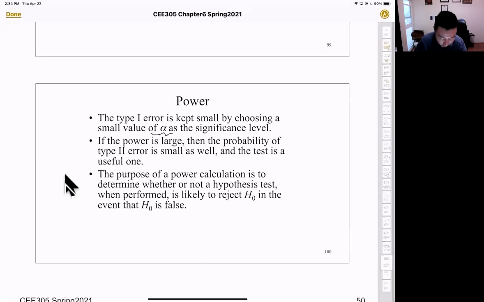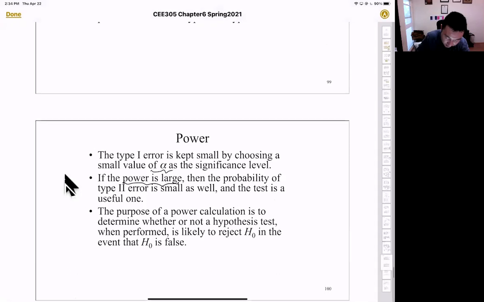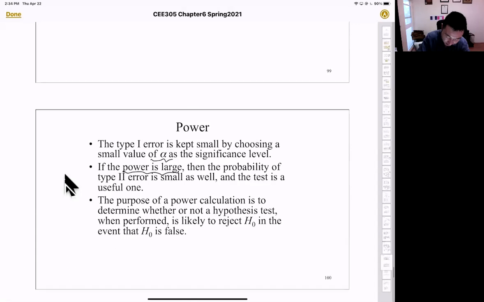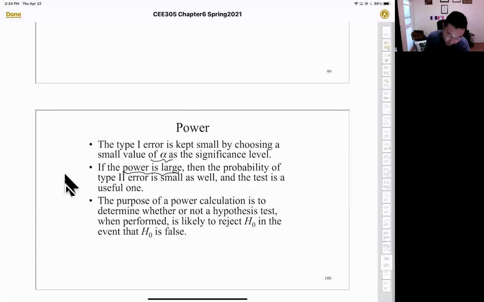For power, if power is large, then type 2 error will be small, because power is the opposite of type 2 error. So when the probability of type 2 error is small, the test is a useful one. That's good.